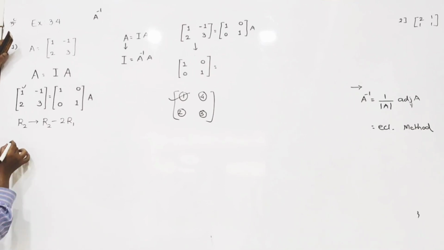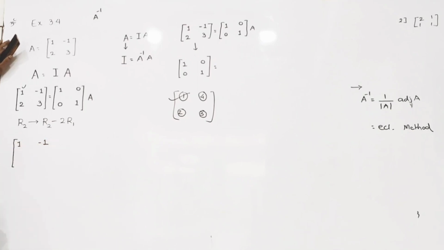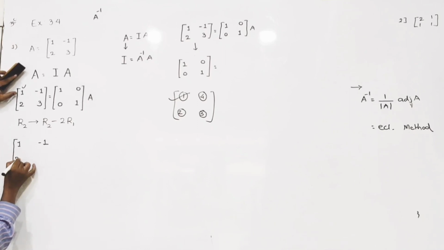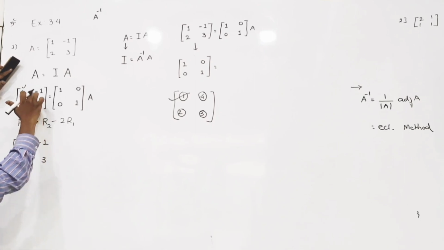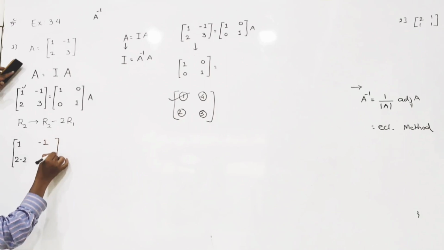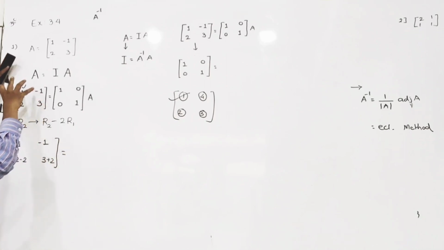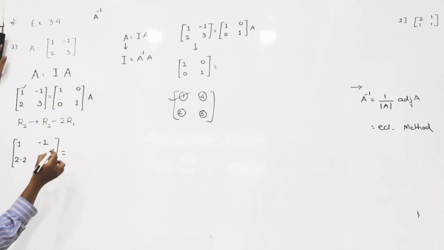The first row will remain the same, so 1, 2. From the second row, I multiply the first row by minus 2 and add it. Whatever process we have done here, the same we have to do on the identity matrix.